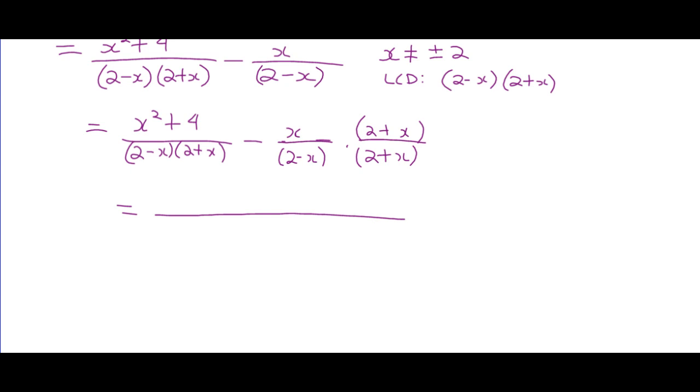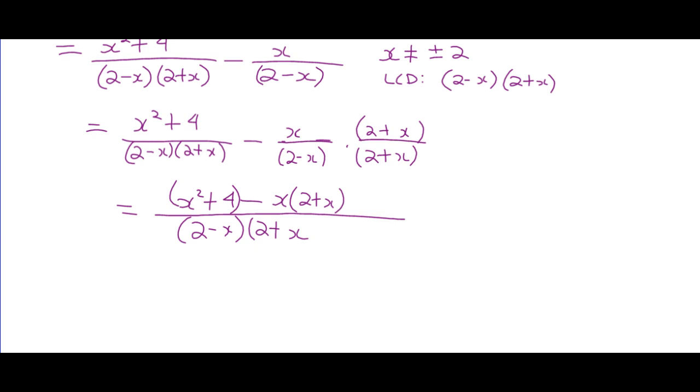So I got my common denominator, right? 2 minus x, 2 plus x. I got x squared plus 4, let's leave that in brackets, minus x times 2 plus x. Okay, so minus, and then we've got this times this.